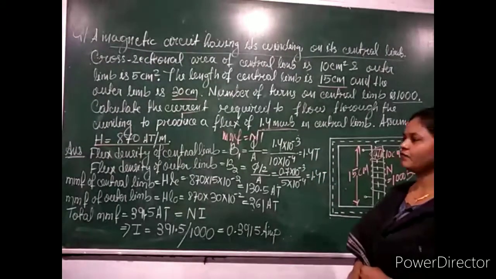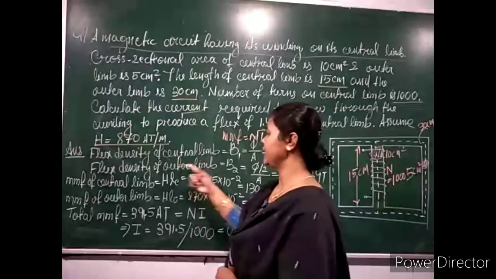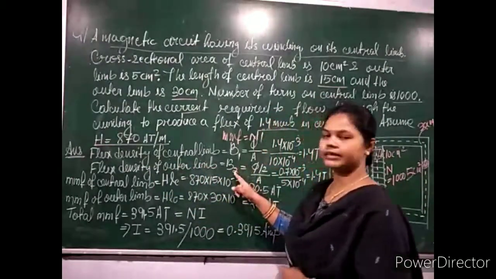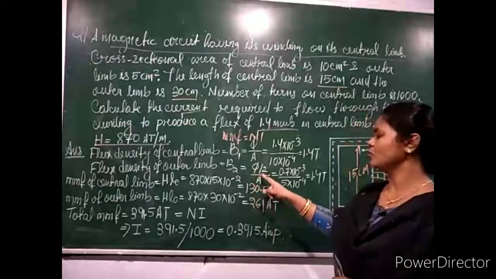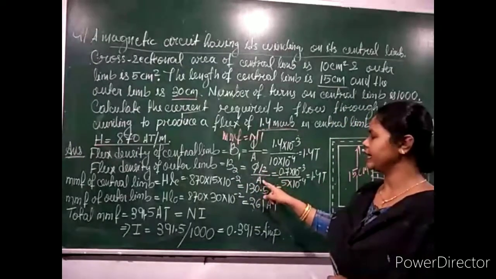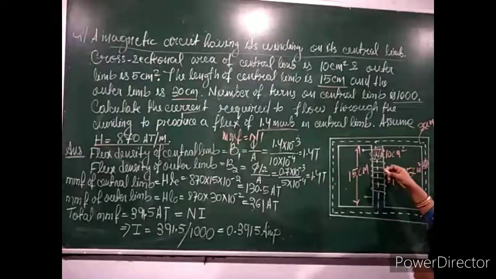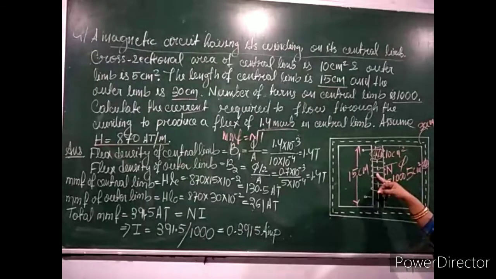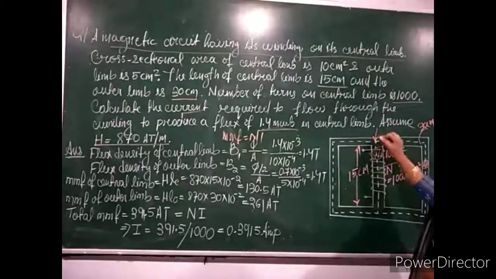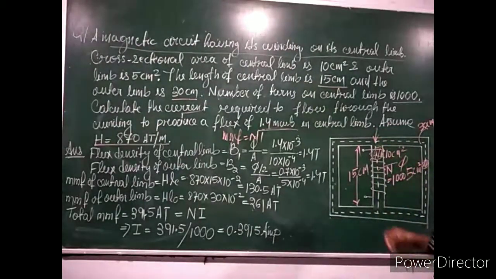Similarly, you find the flux density of the outer limb. Here I take B2 equal to phi by 2 by A. Why do I take phi by 2? Because phi is the total flux of the central limb. At this point it is divided into two parts.